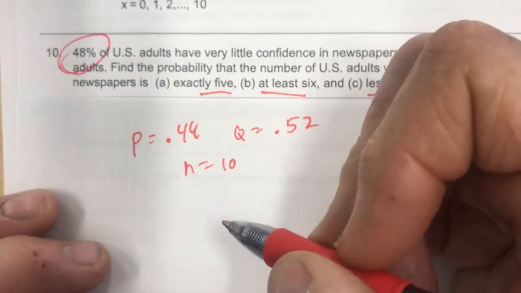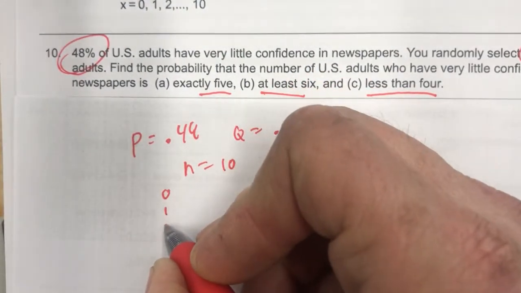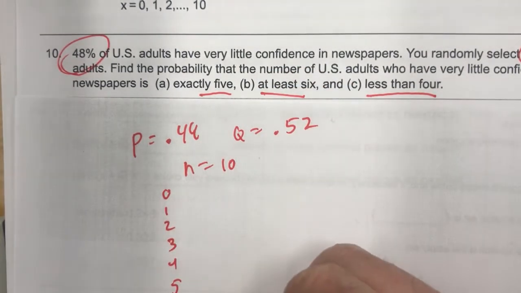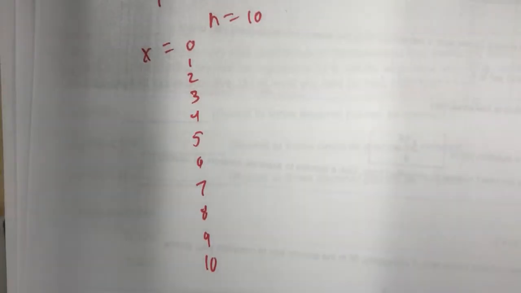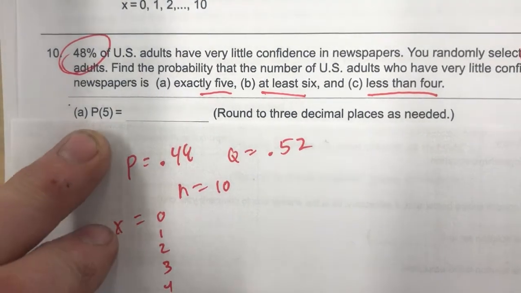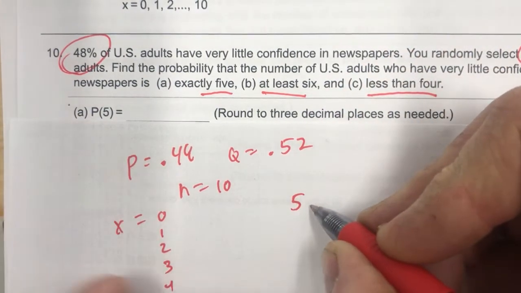And then what we're going to do is write 0, 1, 2, x, 3, 4, 5, 6, 7, 8, 9, 10. Here's all the different values x could equal. Now, this is find the probability of 5. So we're going to do 5 right here.